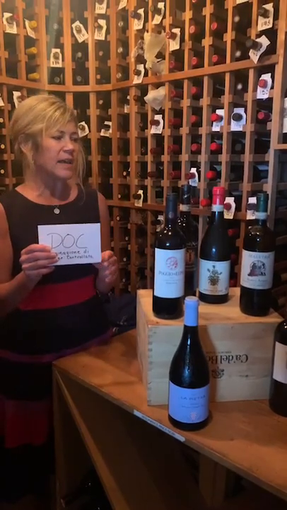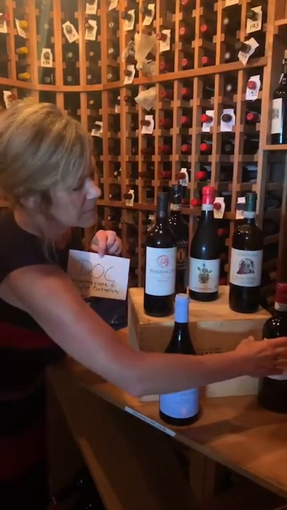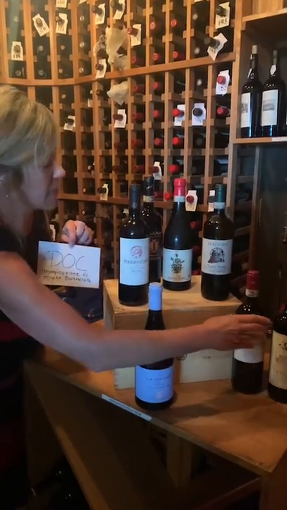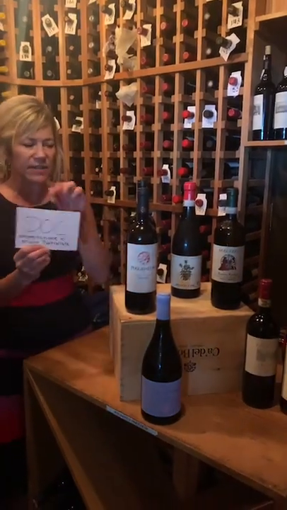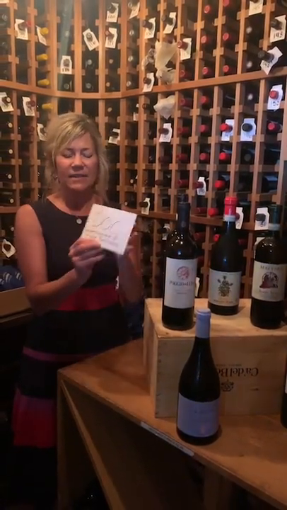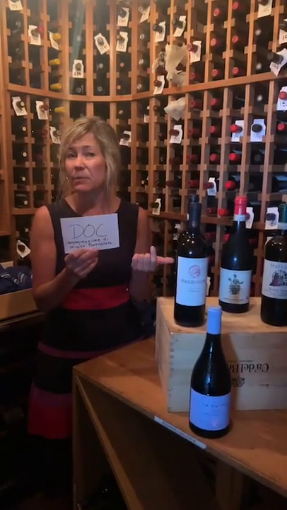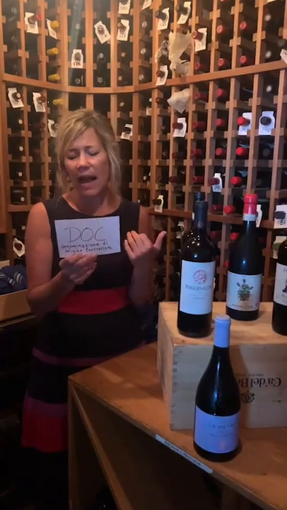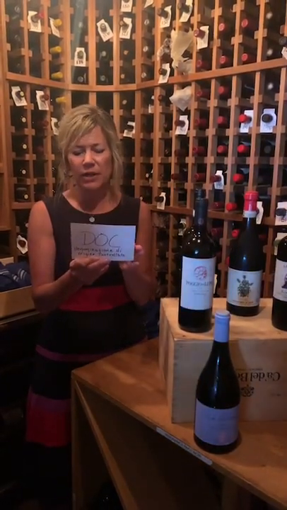DOC is a popular term, and a lot of times you can see it on the top of the label. With the DOC we will have a wine that has some rules that apply to winemaking, grapes that can be grown, alcohol levels, and a specific region.